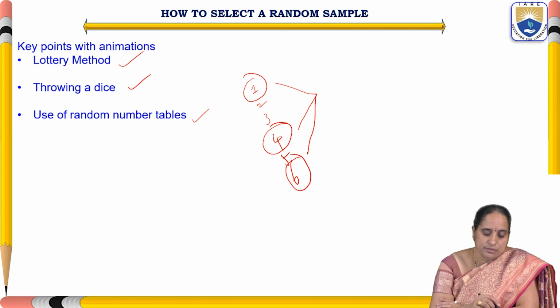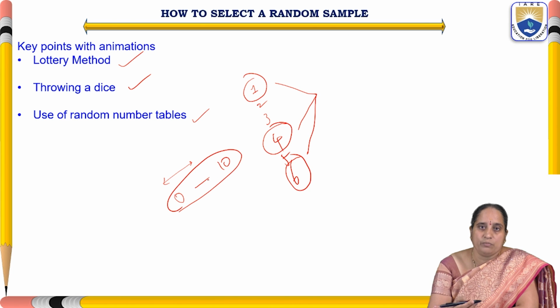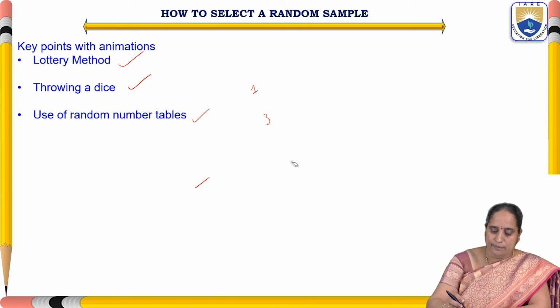And in some cases, just by using random number tables, we identify the range. For example, 0 to 10. Between this range, you may pick any number that belongs to this category. So randomly we pick certain numbers. These are the different ways of selecting a random sample from the universe, and these are all known as simple random sampling techniques.